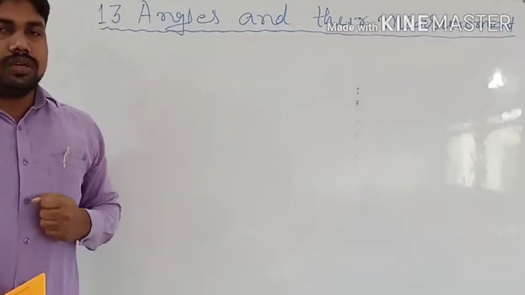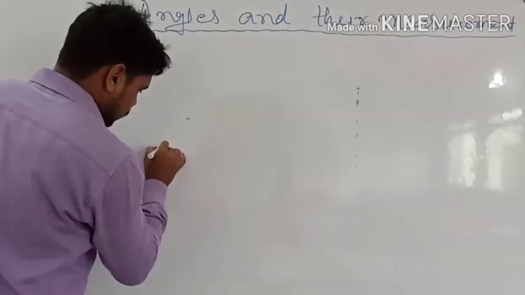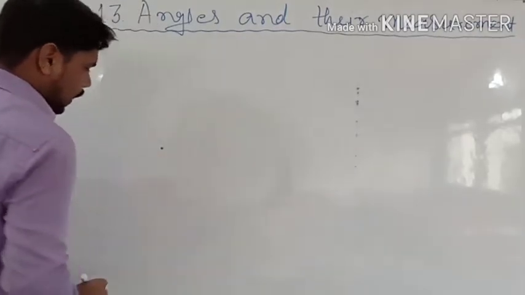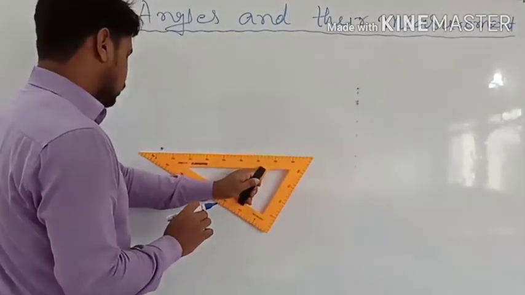Okay. Now if you talk especially about the shape, suppose I am drawing one angle here. So what are the parts of the angle? Starting from this is a point, and from this point we will draw a ray here.